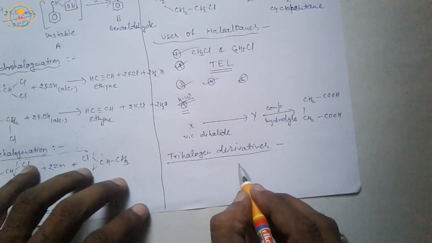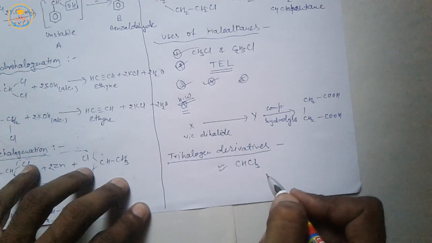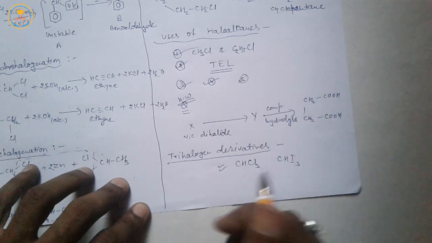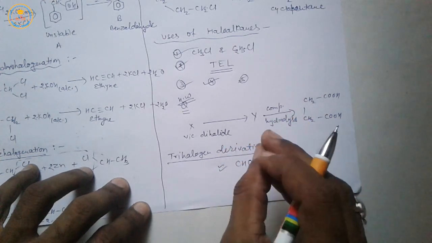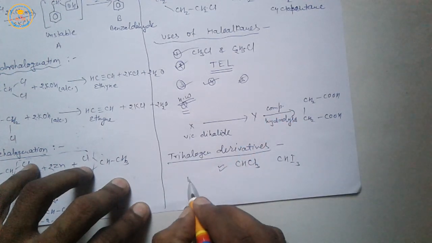For example, CHCl3 chloroform, CHI3 iodoform, etc. These compounds are also known as haloforms and they are prepared by the haloform reaction.